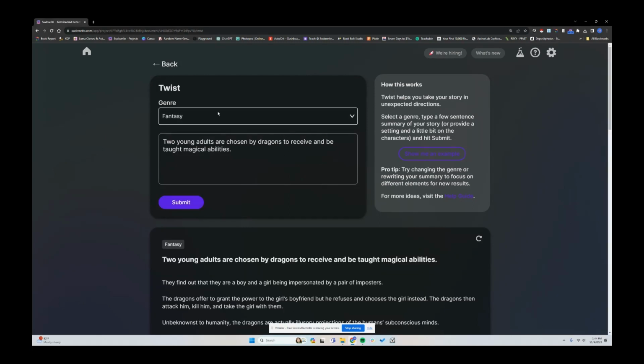So it was one of these, I don't remember which genre I had picked, but it was giving me a lot of Marvel references. And he said, it can be out there.